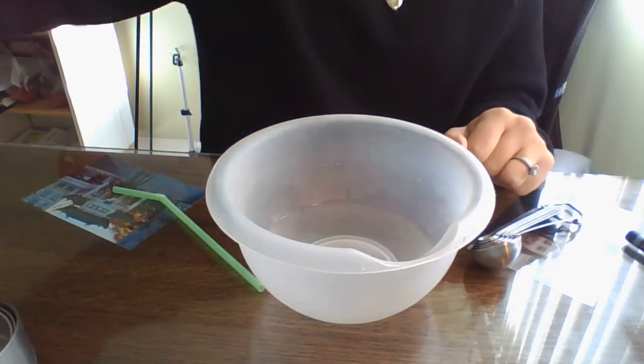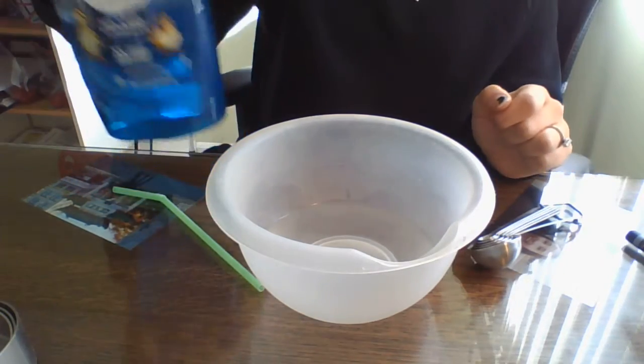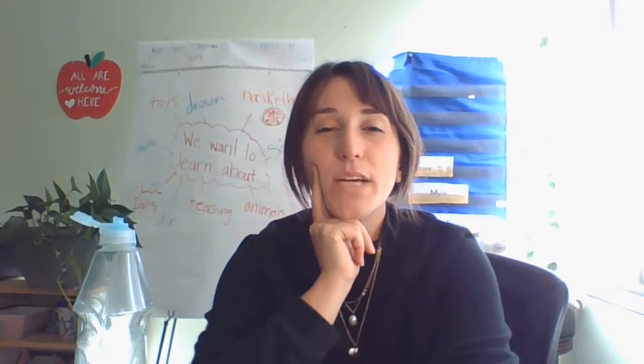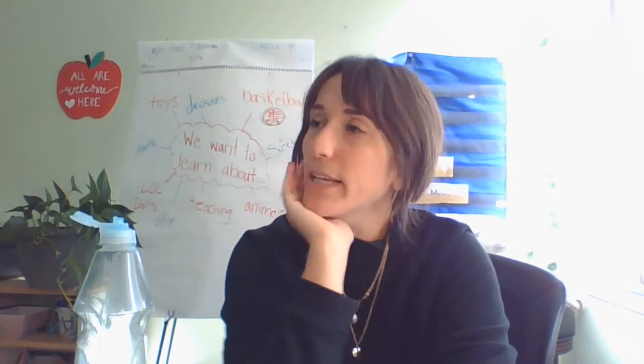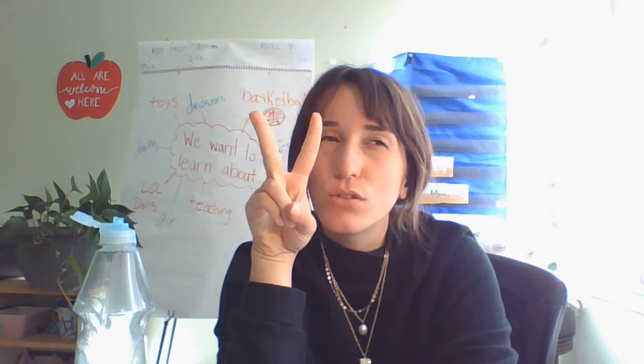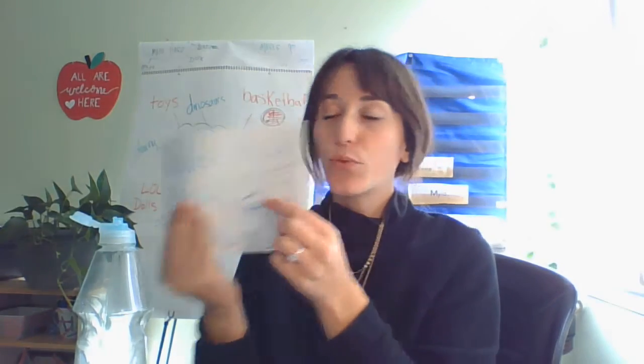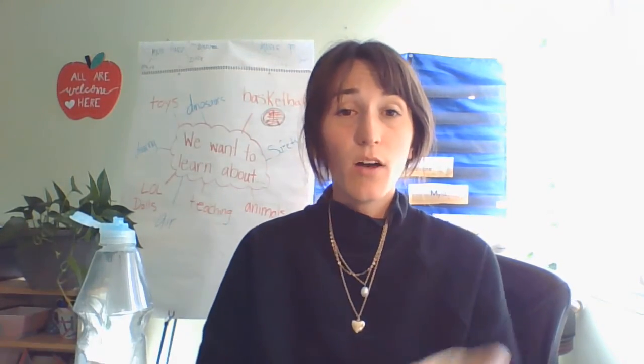Now we need to put in some soap. You are right. Let's think. How many squeezes of soap should we put? How many drops of soap? Oh, my friends earlier said we need 3 drops of soap. So can you help me count 3 drops of soap?